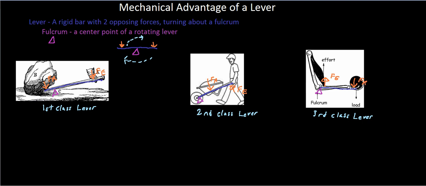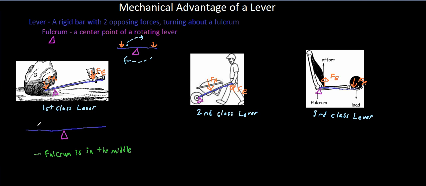Let's talk about each one in turn, starting with the first class lever. The first rule of the first class lever is that the fulcrum is in the middle, and then FR and FE are on either side. Over here we have FE on the right.